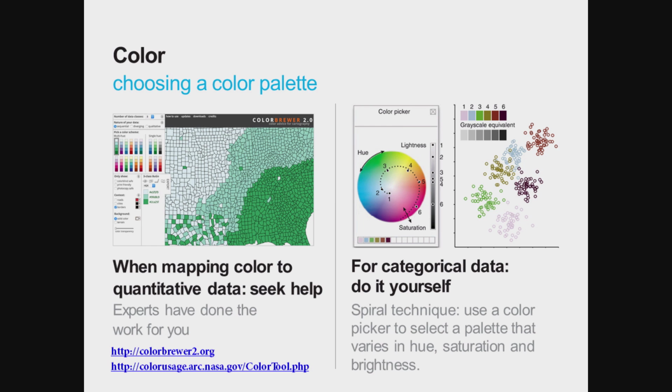If you look at this color wheel here, you have hue, which means is it red, is it green, and then you have saturation and brightness, and you want to have different hue, lightness, and saturation in your palette.